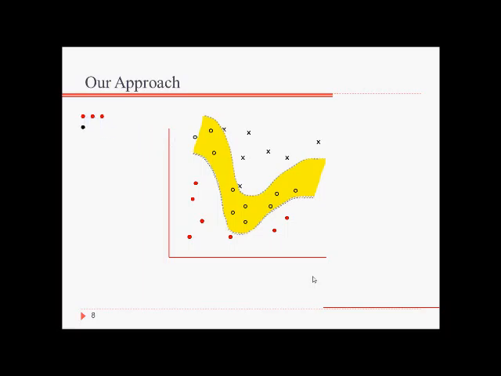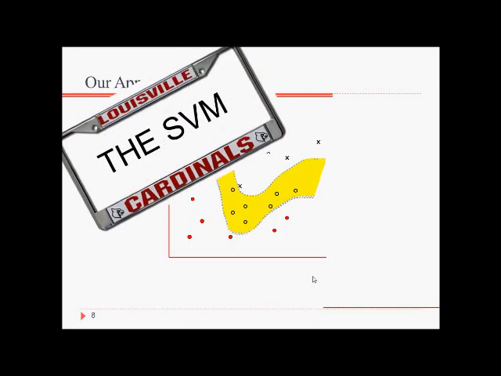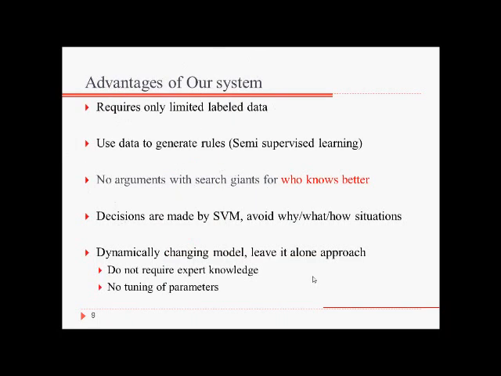Based on these limited data, we can build a classifier system using a technique called support vector machines. There are many advantages to using SVMs, and I would like to name a few.